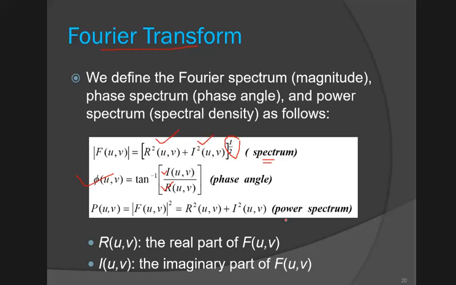And we have one extra quantity here, known as the power spectrum, which is nothing but the square of the magnitude of the complex entity. So it will be R squared(u,v) plus I squared(u,v).